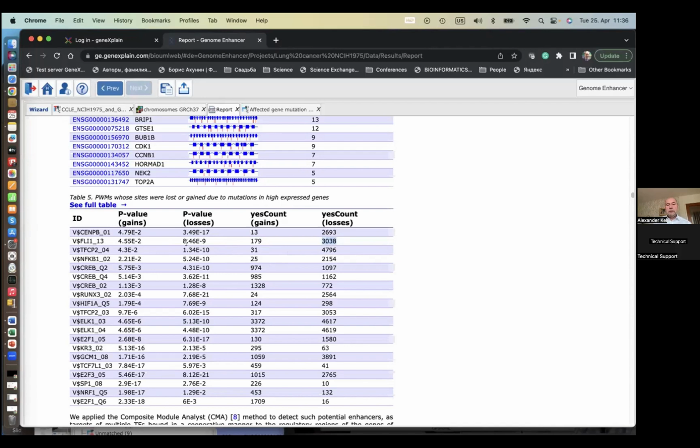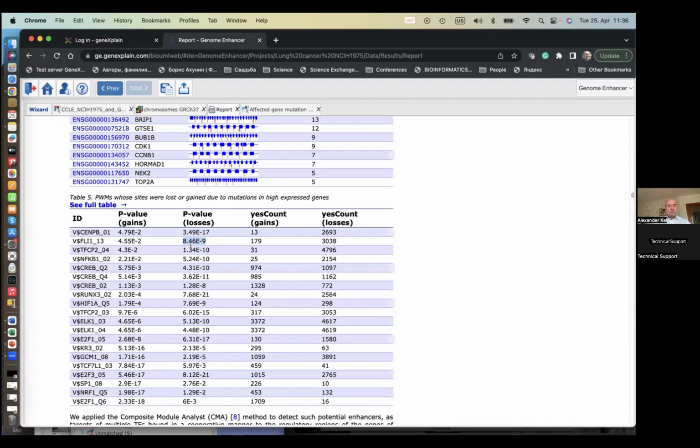And that's called losses. And we can estimate the p-value, or the probability of such an event happening by random chance. If it's like 10 to the minus 17 or 10 to the minus 9, it means it's very unlikely that such a thing happens by random chance.